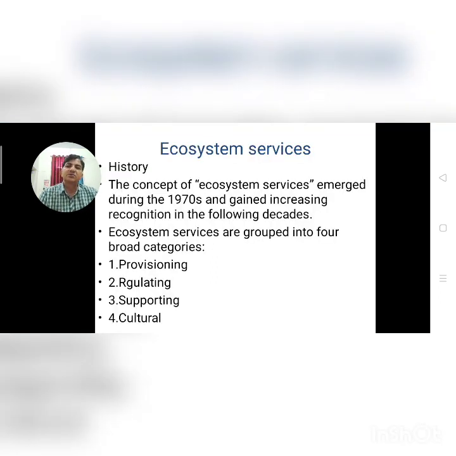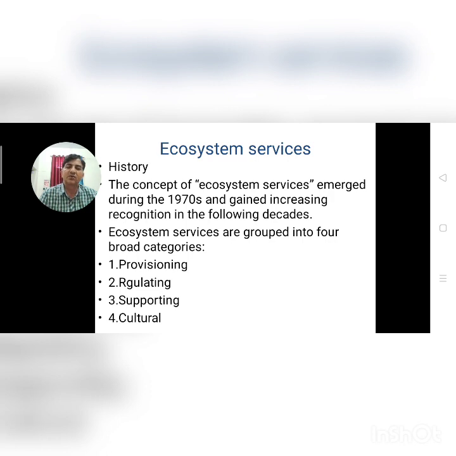Then we come to the ecosystem services. We know man has always depended on these ecosystem services since time immemorial. Our existence depends on nature and the products which we obtain from nature.